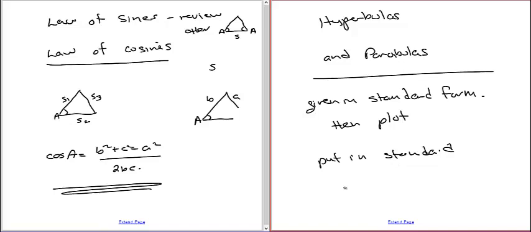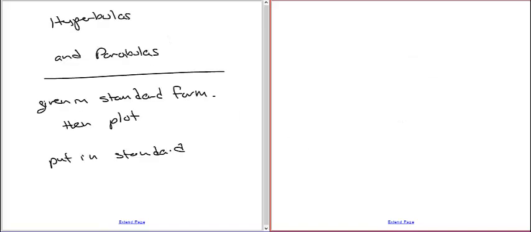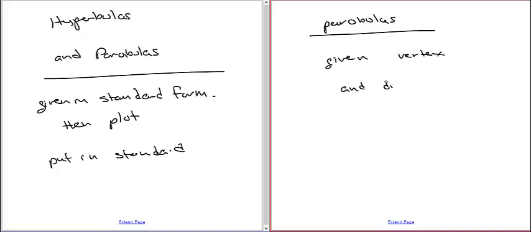And the other one I want you to be able to do, I won't do it for the hyperbolas, but for the parabolas, instead of putting in a standard form or giving you the equation, I might give you, say, the vertex and the equation for the directrix. And from that, you have to come up with the equation.